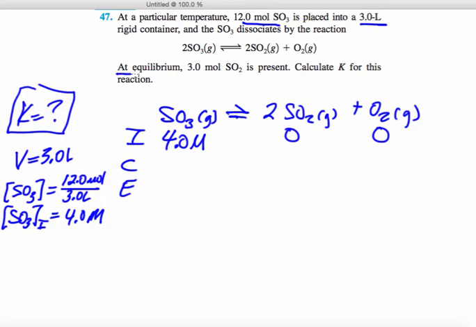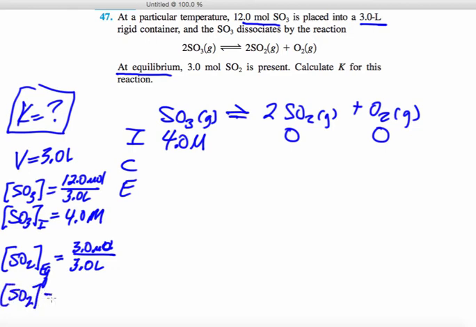So the reaction goes to equilibrium, and at that point, I then have a certain amount of sulfur dioxide gas. And now this is an equilibrium amount. So therefore I take my 3 moles over my 3 liters, which ends up being 1 molar of the sulfur dioxide at equilibrium.